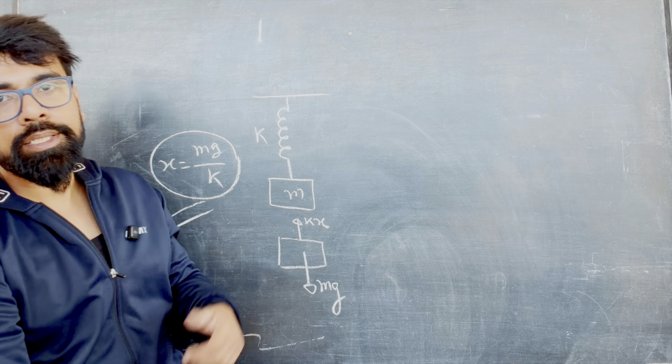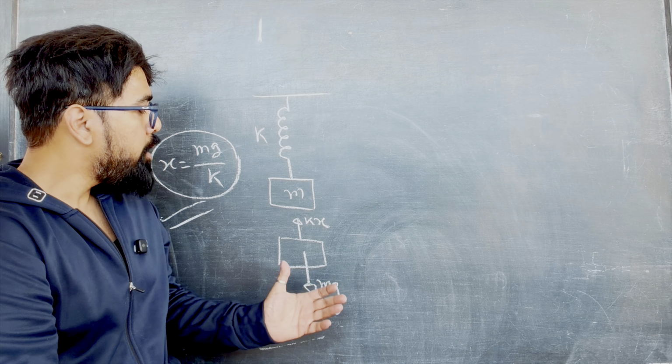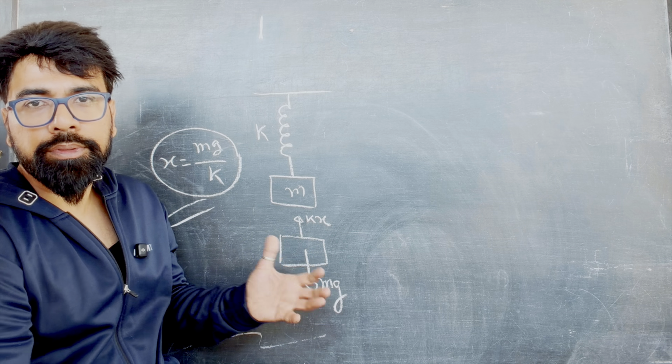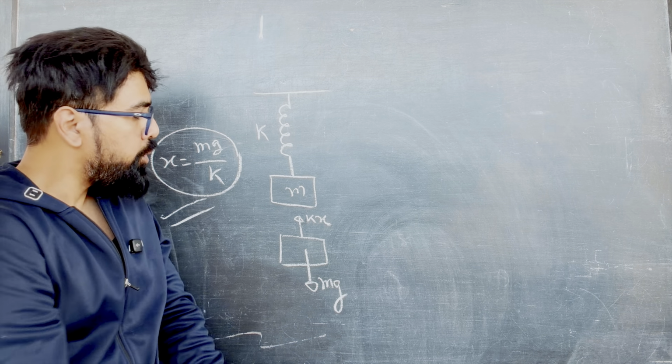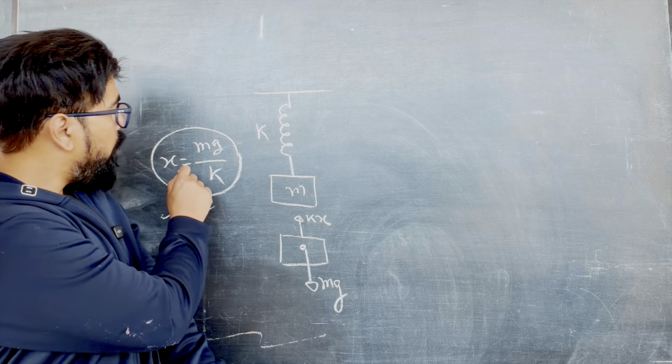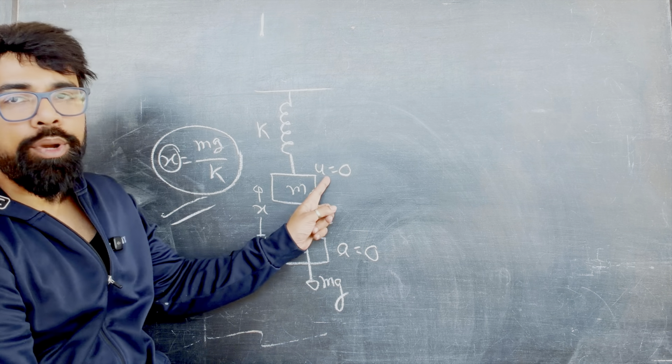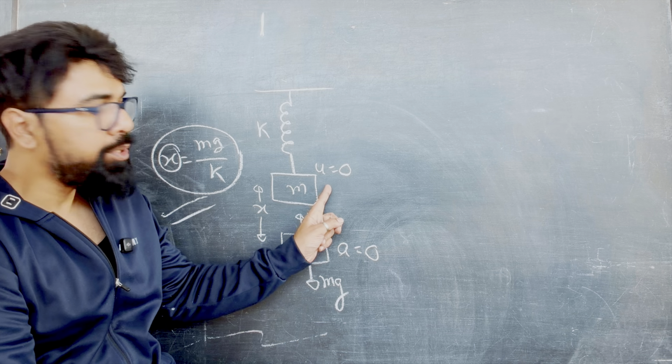But this is not the answer, because a block on a spring performs SHM. In SHM, if mg is equal to kx, the net force is 0, and so the acceleration is 0. It is the mean position. So this x is the distance at which the body would be at rest, with acceleration 0. In SHM, wherever the velocity is 0, that is the amplitude, and this is the mean position.